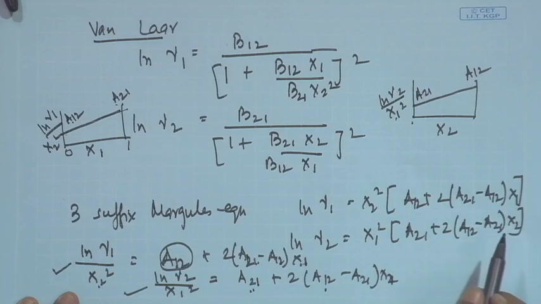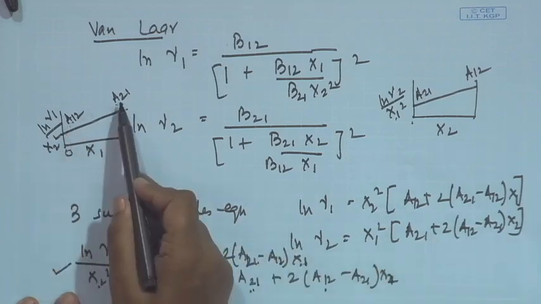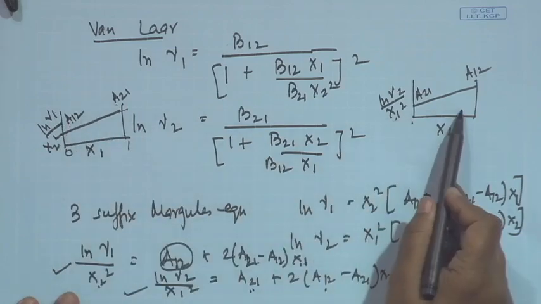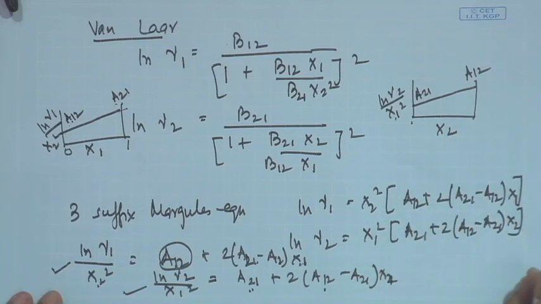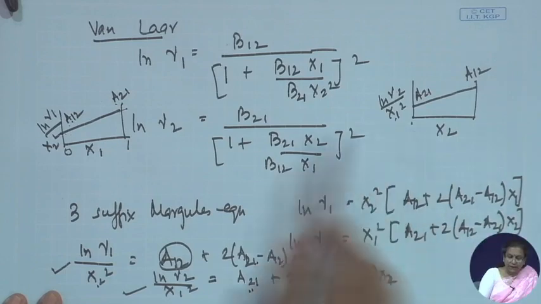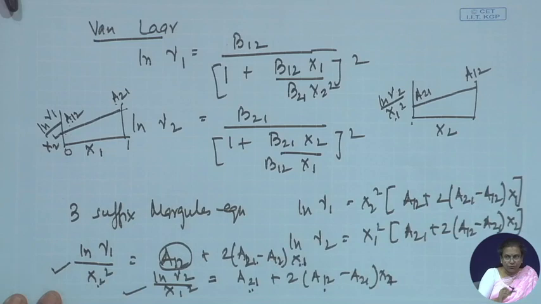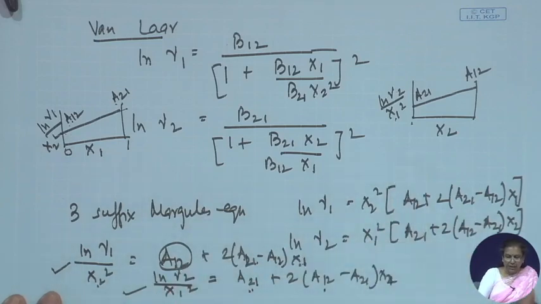Now, I had given you a problem, if you remember, that it is always possible that A12, A21 determined from this particular graph may not be the same as A12, A21 determined from that particular graph. So under that condition, what do we do? We try to combine ln gamma 1 and ln gamma 2 and generate a single equation from where we can find A12 and A21. What is the way of combining them?